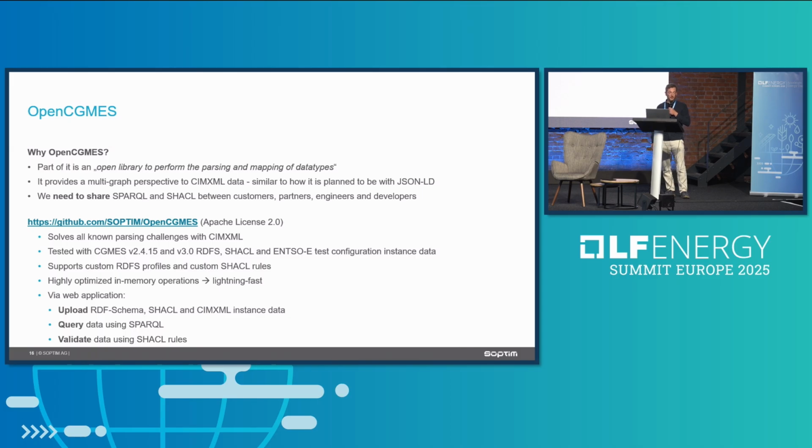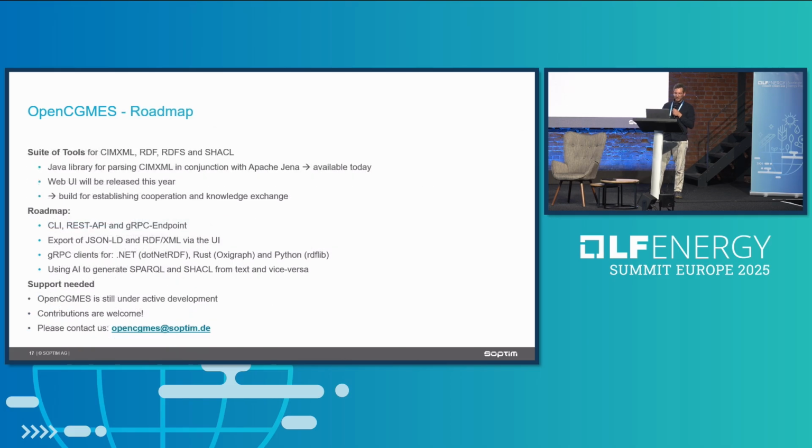We also provide a web application, which is not in our repository yet. It's still under heavy development. But I will show you later that you can upload data, query data, and validate data. So it's designed to be a suite of tools.